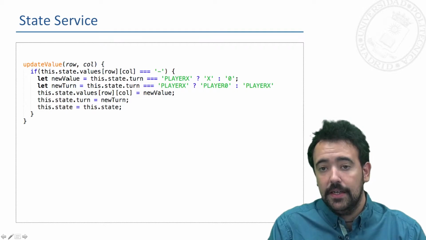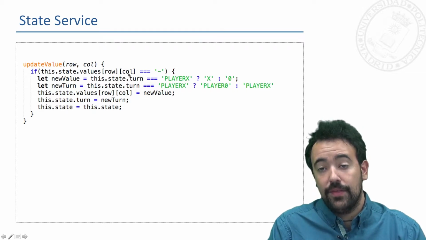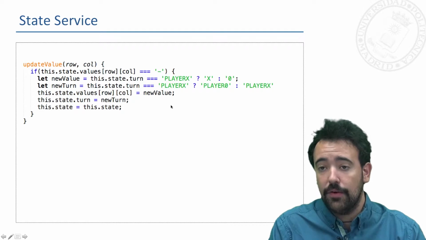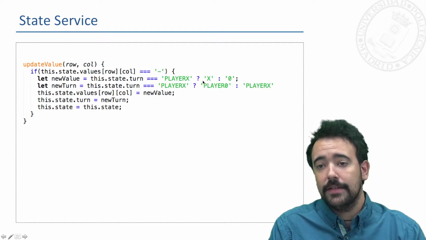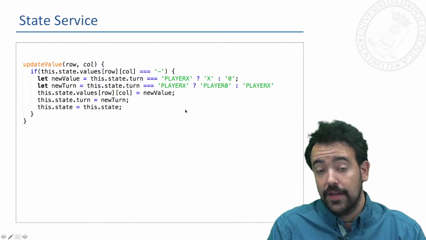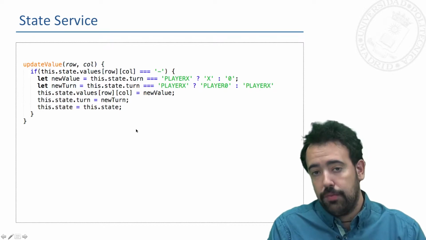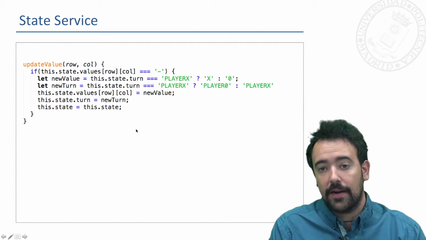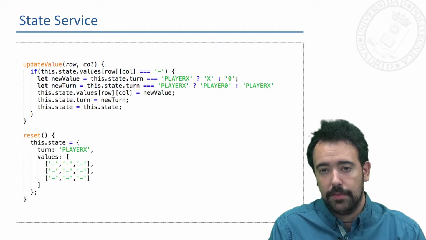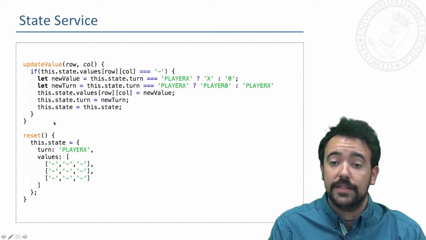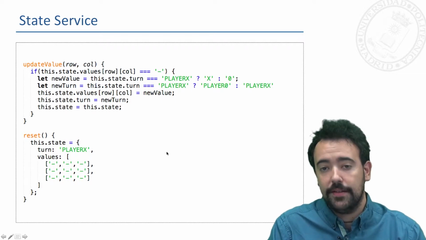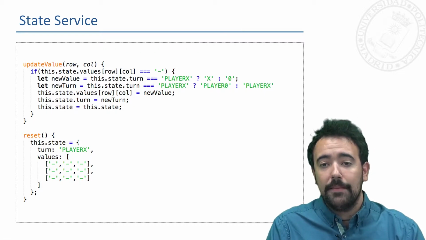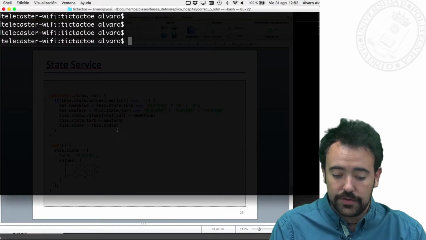So you can see here, first I check if the square has not been clicked before, and then checking the current value of the turn, I will update both properties, the turn and the array of values in the state property. Then I need a reset method in order to reset the state in case I need it in the future.